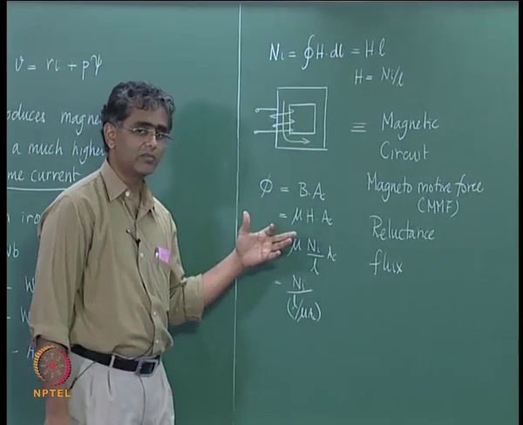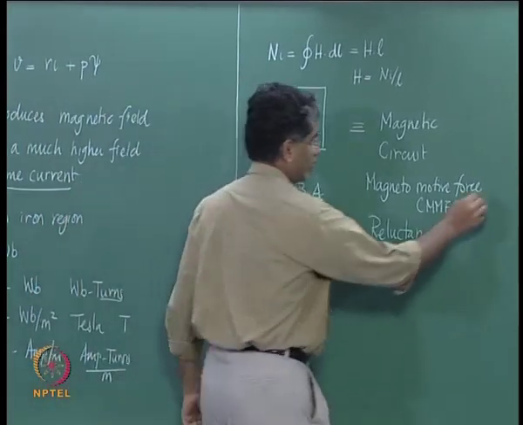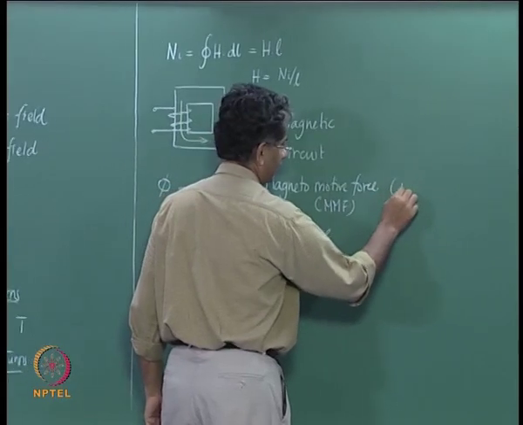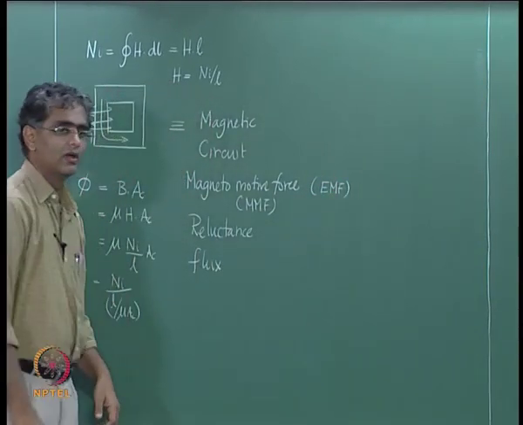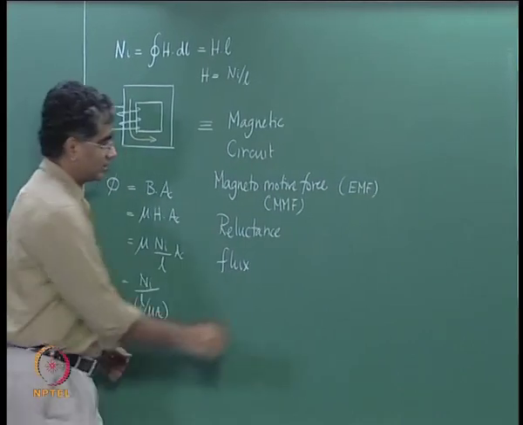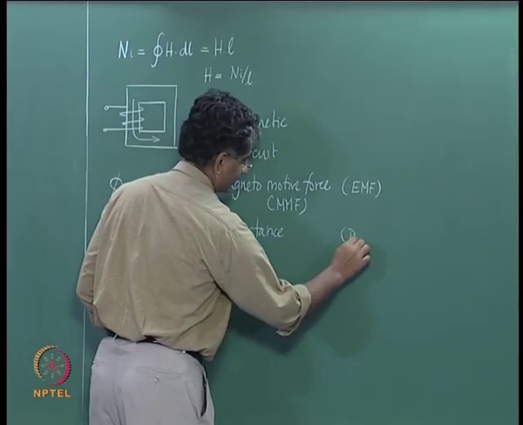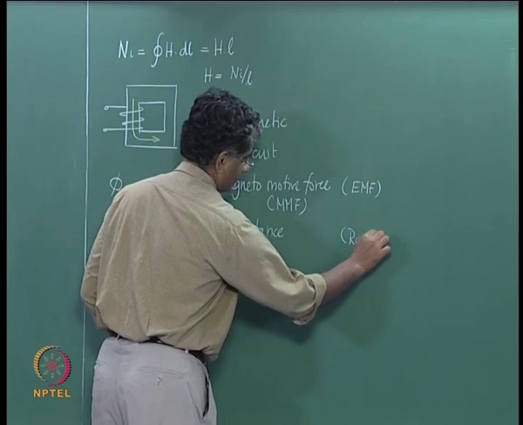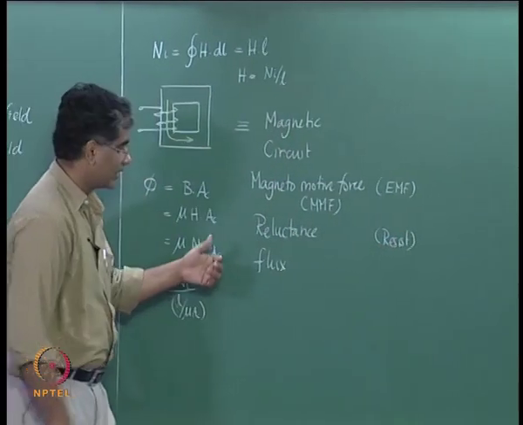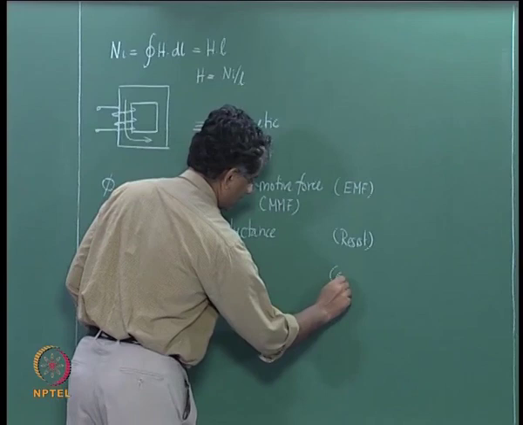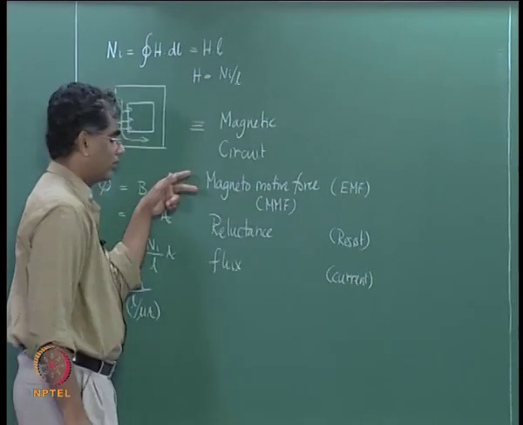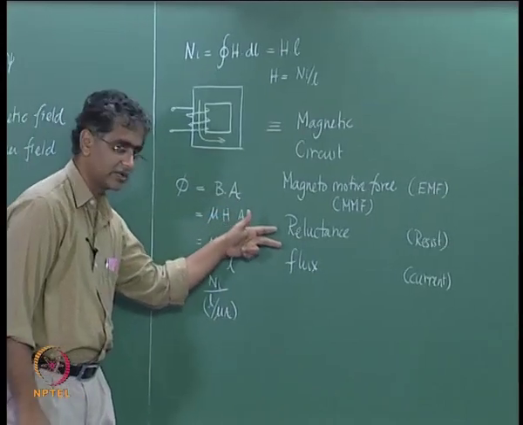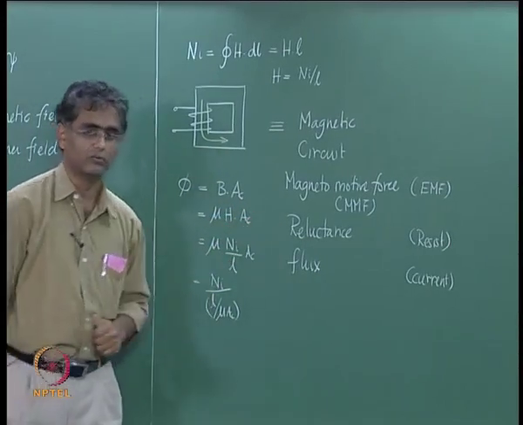This is the same as an electrical circuit, where instead of an MMF you have an EMF, electromotive force, and electromotive force applied across a resistance then allows flow of current. Here a magnetomotive force applied across a reluctance causes flux to flow.